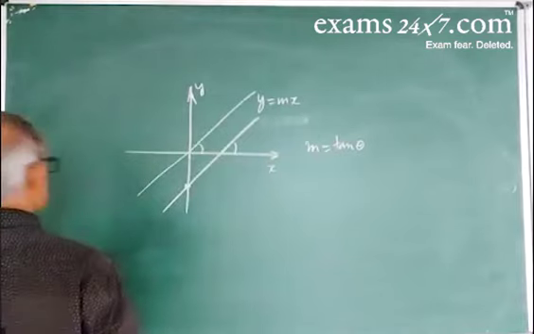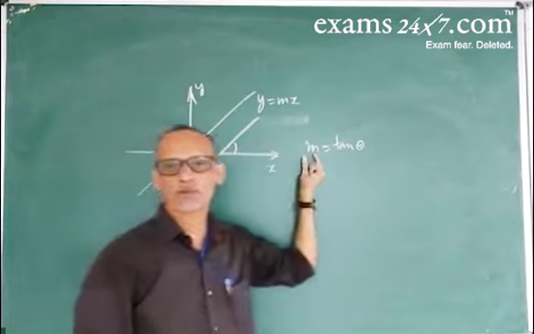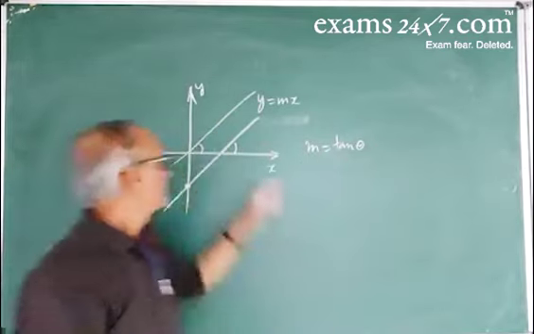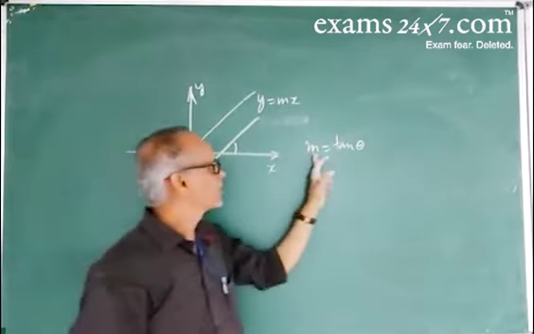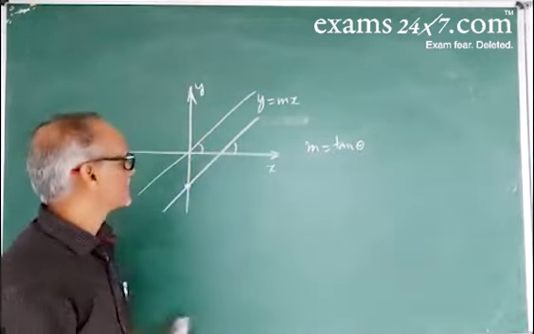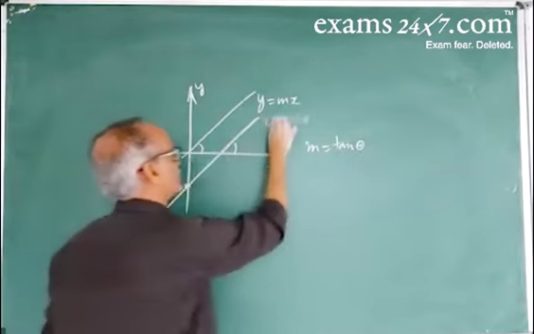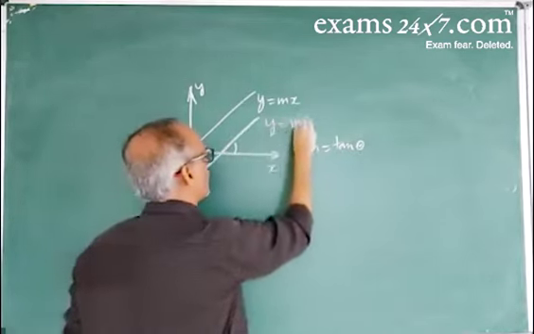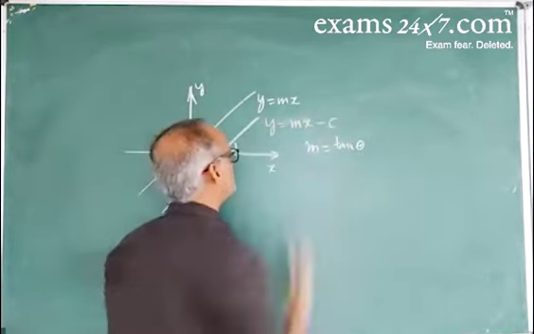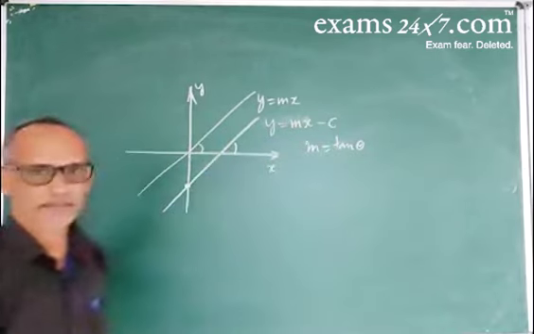So if you know this angle, if this angle is 45 degrees, then the slope is equal to 1 because tan 45 is 1. If this angle is 60 degrees, then the slope is equal to root 3. Tan 60 is equal to root 3. So we can find the slope very easily. But the y-intercept here is negative. So this equation is of the format y is equal to mx minus c.